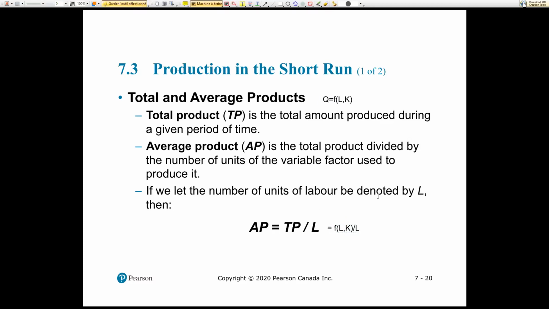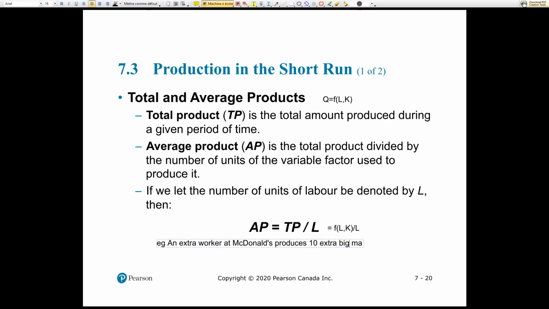So this would mean what's the productivity of an extra input unit of L. So for instance, an extra worker at McDonald's produces 10 extra Big Macs.